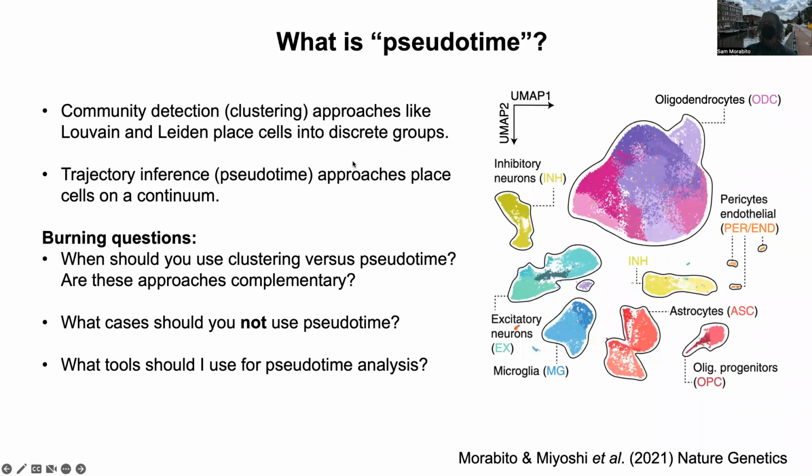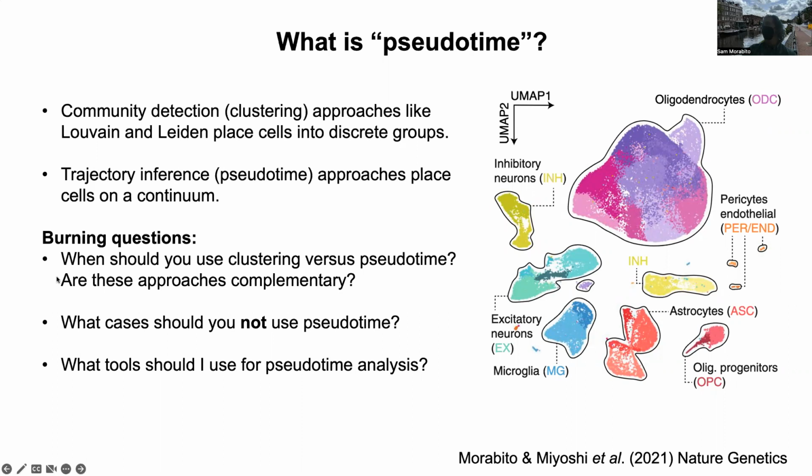We usually get these by running something like Louvain or Leiden, which are community detection algorithms. This places cells into discrete groups, which we usually refer to as clusters. The alternative is trajectory inference or pseudotime, which places cells on a continuum rather than into discrete groups, which could be helpful.